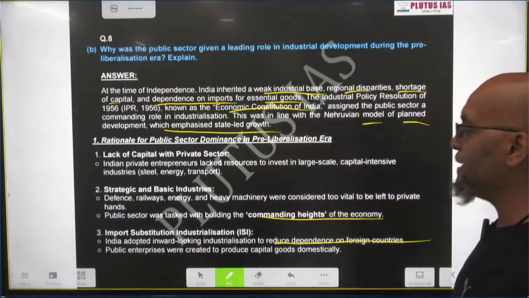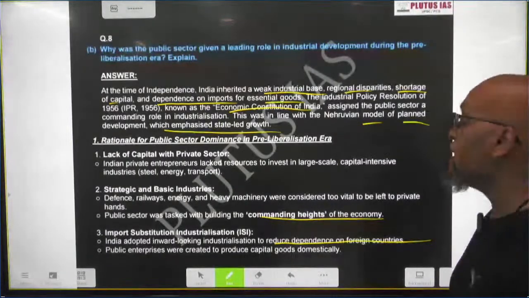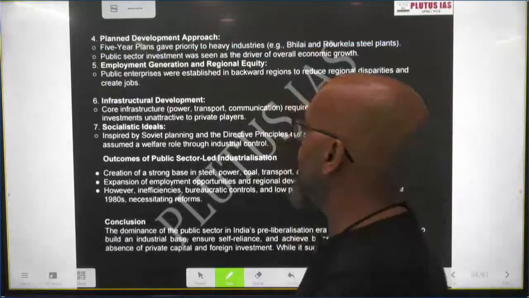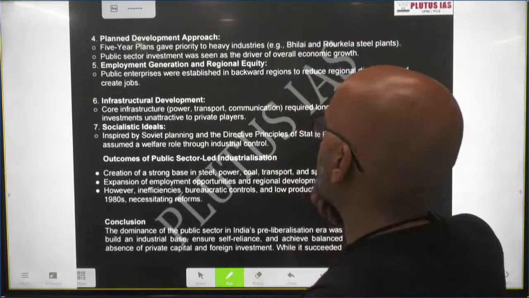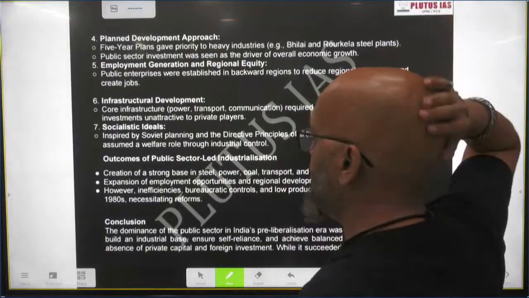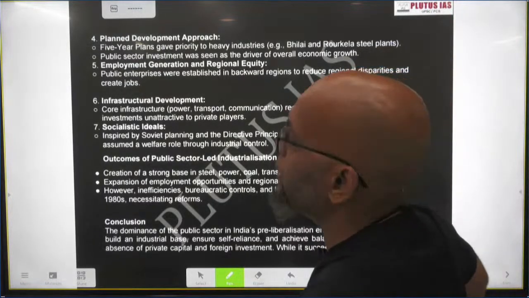So public enterprises were created to produce domestic goods, capital goods. Okay, planned development approach: 5-year plans gave priority to heavy industries, Bhilai, Rourkela steel plants. Public sector investment was seen as the driver of overall economic growth.